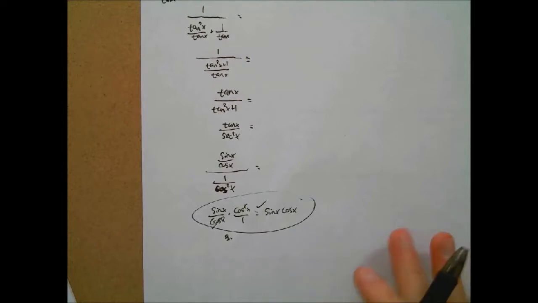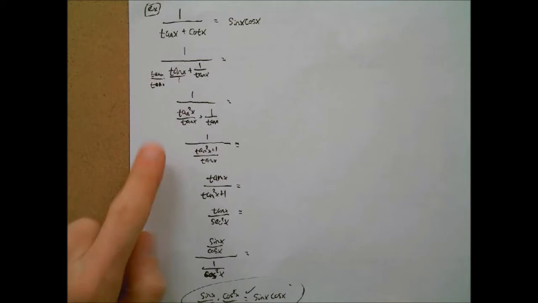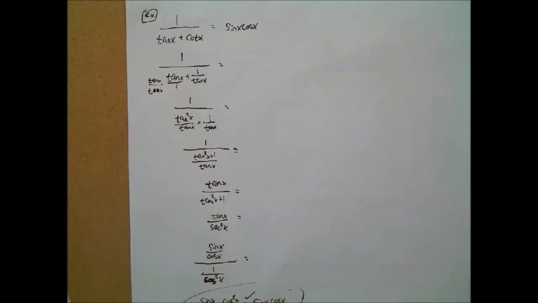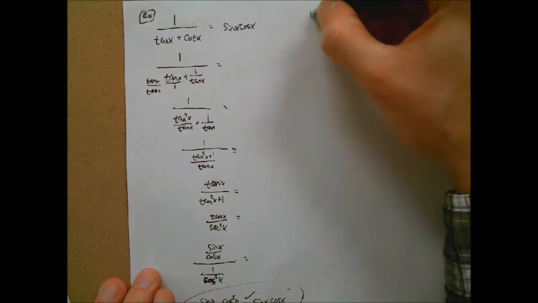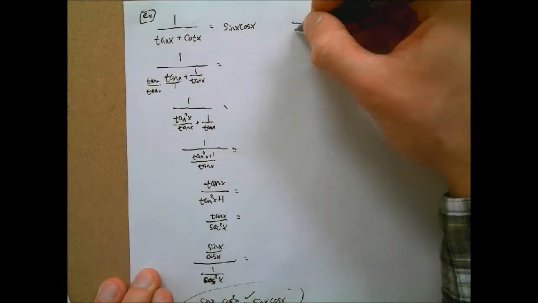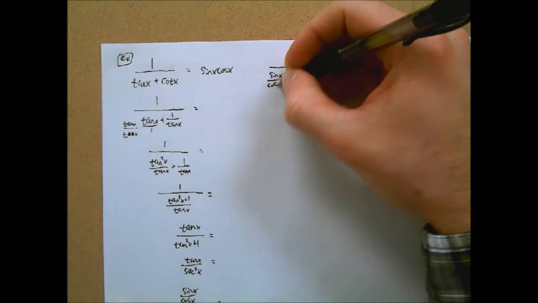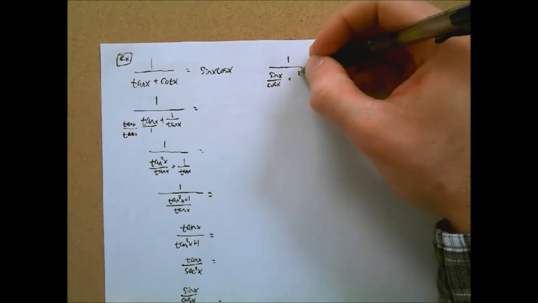Now, did anyone want to convert this to sine and cosine first, right off the bat? It's actually not that bad if you do it. I'll just show you here real quick. Okay?